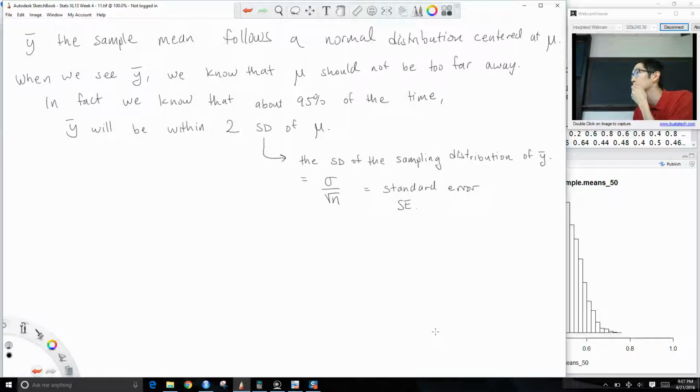Is that okay? All right, and so from this, we can create a, I'm going to just call this a basic confidence interval.